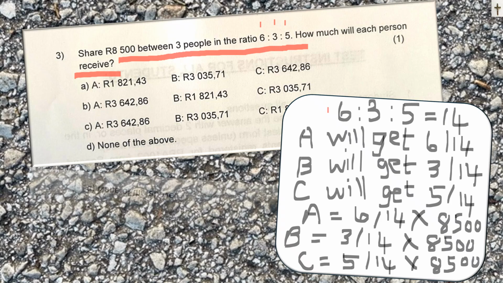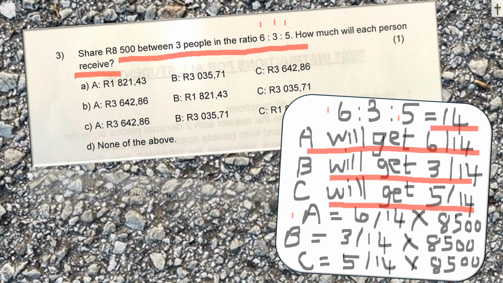What we do when we're given a question like this is add up the numbers. 6 plus 3 plus 5 is equal to 14. So A will get 6 out of 14, B will get 3 out of 14, C will get 5 out of 14.